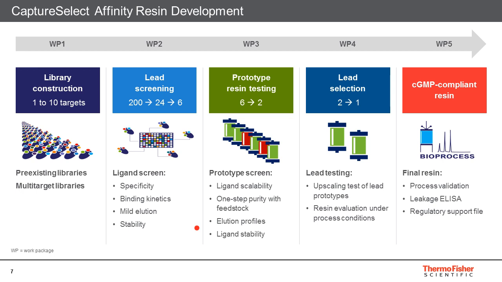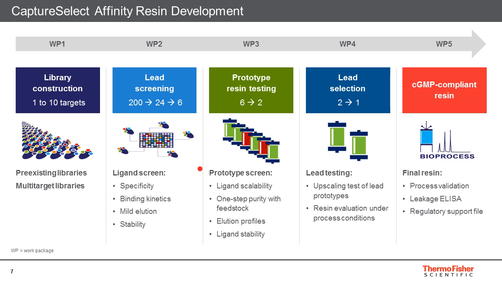The means by which we make these affinity products available for large scale is that we start off with generating pretty big libraries against any target molecule, which we then, through sophisticated ligand screening in high throughput mode, come up with ligands which have desired specificity, desired binding kinetics, mild elution built-in, and enhanced stability.